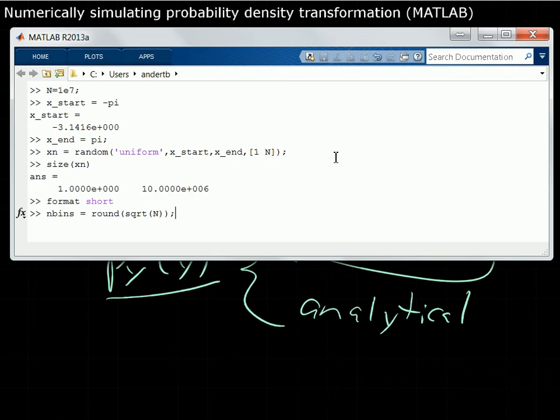I think this is a common convention. So we'll say figure, and we'll do a histogram of x with this many bins, and let's see what we get.